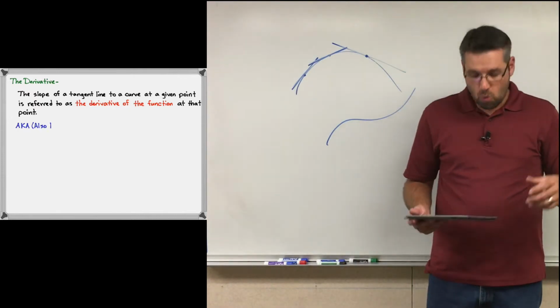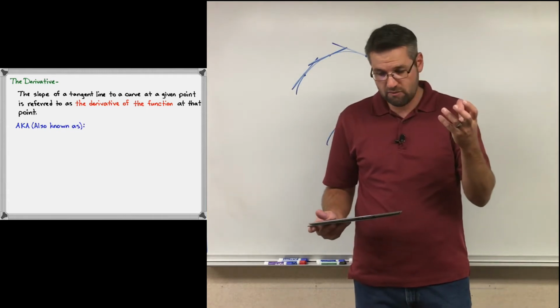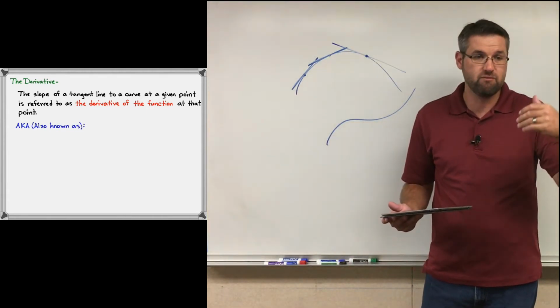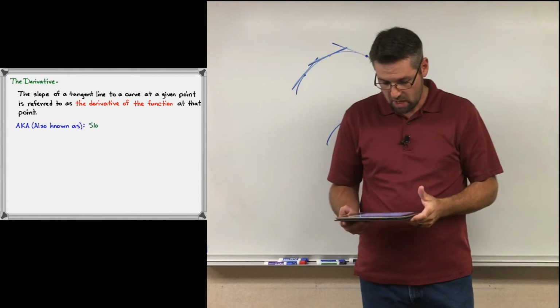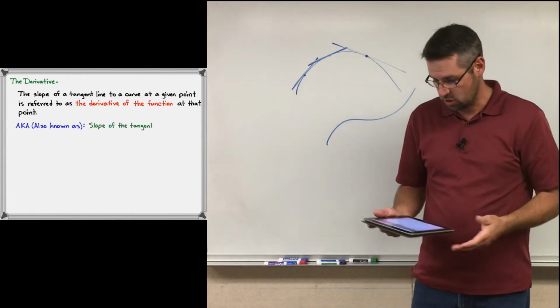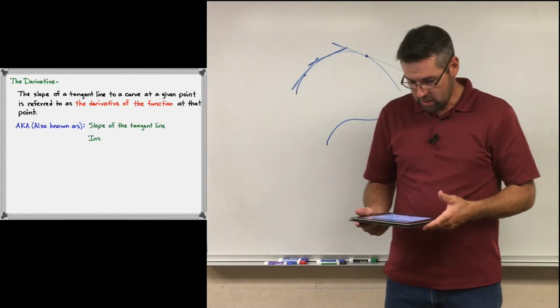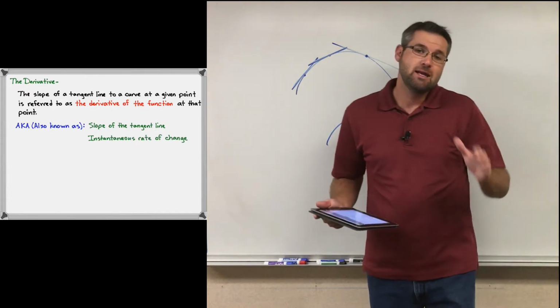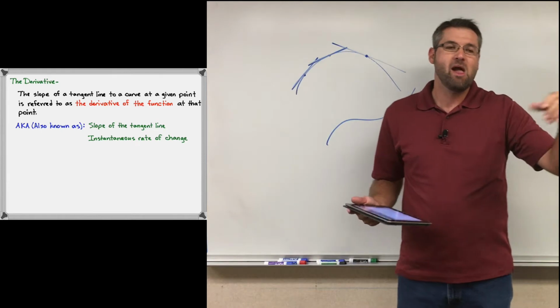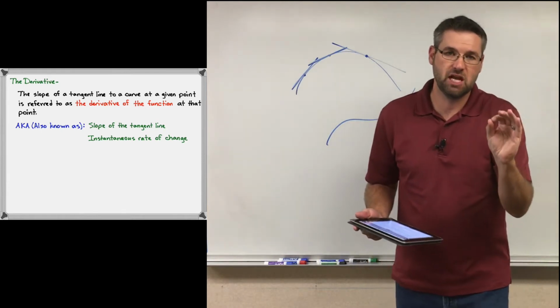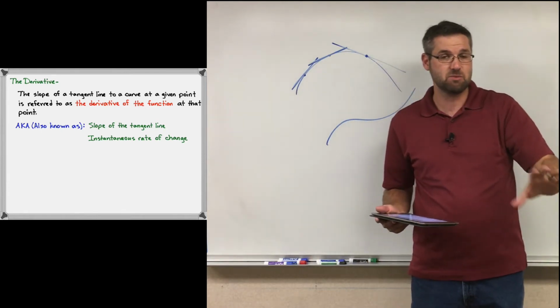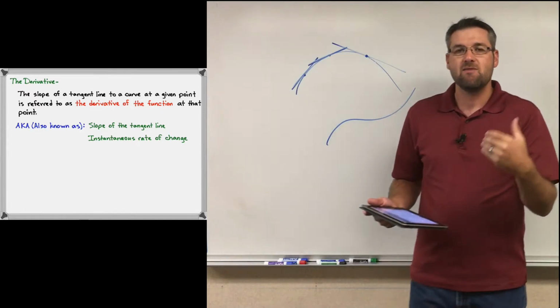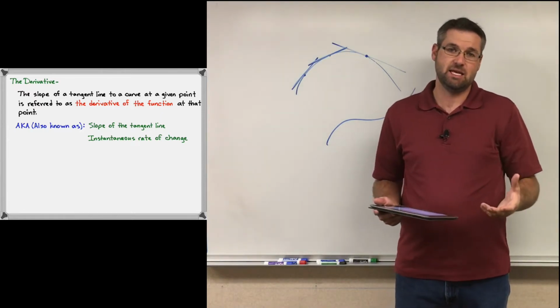Okay? Now, there's different ways of saying the derivative or different applications of the derivative. One of them is the slope of the tangent line, obviously. Okay. Another thing we call it is the instantaneous rate of change. Now, moving forward from here on out, if I just say rate of change, I don't use the word instantaneous, but I say what's the rate, that implies the instantaneous rate.